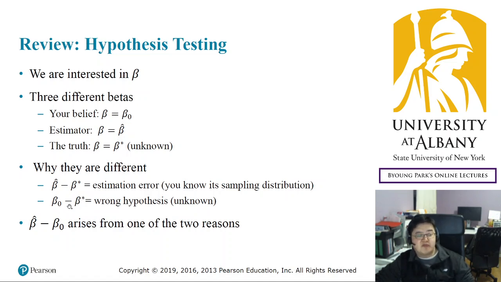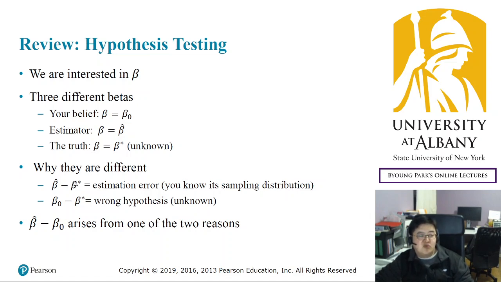However, the problem here is that even though beta 0 is your belief, beta star is never known, and we never know whether the difference is 0 or not. So when you compare these two differences, the first one is rather easier to handle.